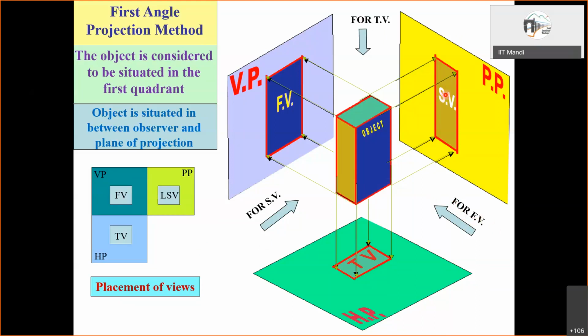If the observer is here, looking at the object from this side where the pointer is, then it will be the right side view. And this is all with reference to this location of the observer for the front view. I hope it's clear now.